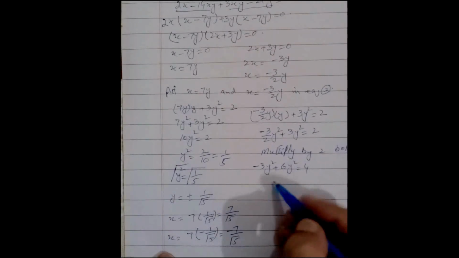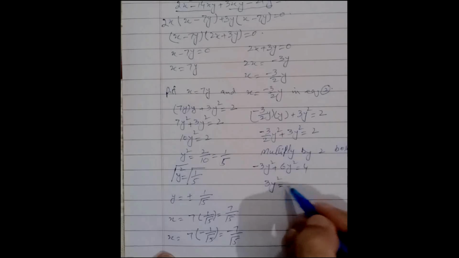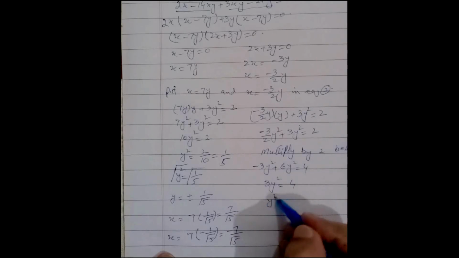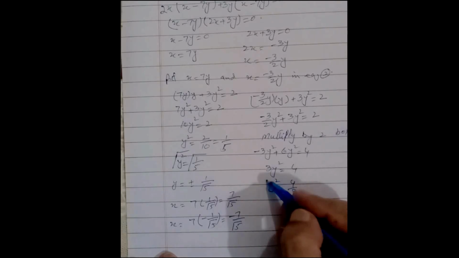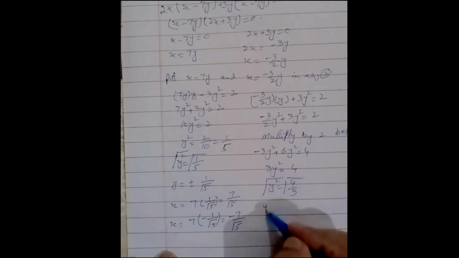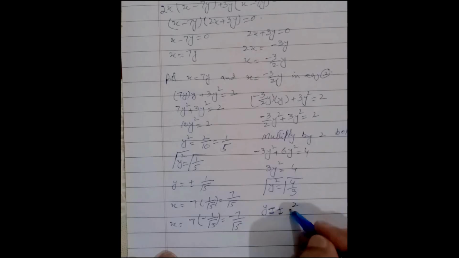Then simplify these values. We get 3y square is equal to 4 and y square is equal to 4 over 3. And then we take square root both sides. The y is equal to plus minus 2 over square root 3.